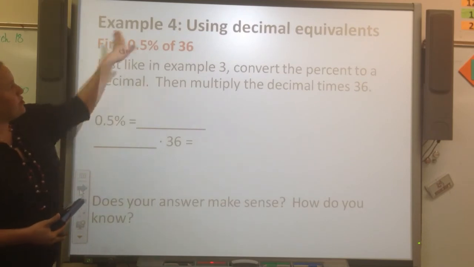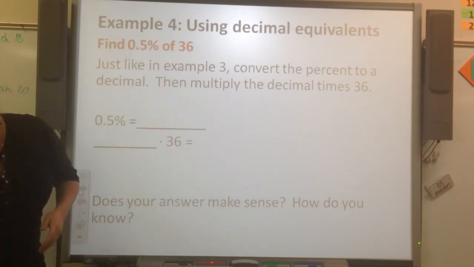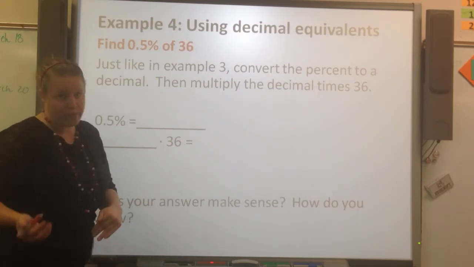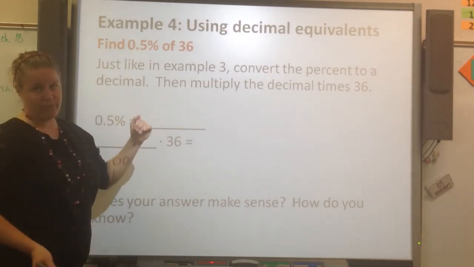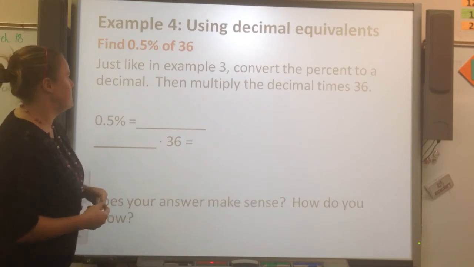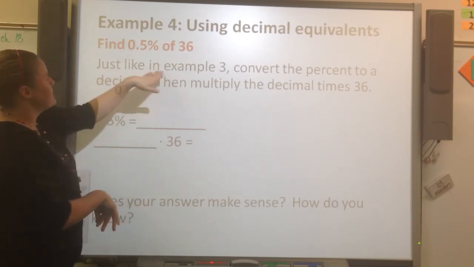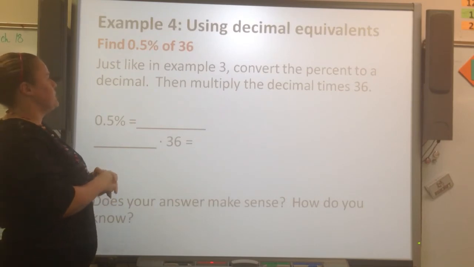All right, again, using decimal equivalents, our example this time is to find 0.5% of 36. So not 5%, 0.5%. So much different. 0.5% is different than 5%. Just like in example 3, convert the percent to a decimal.